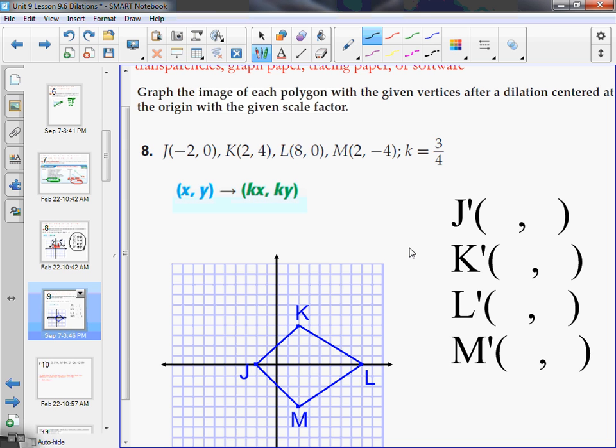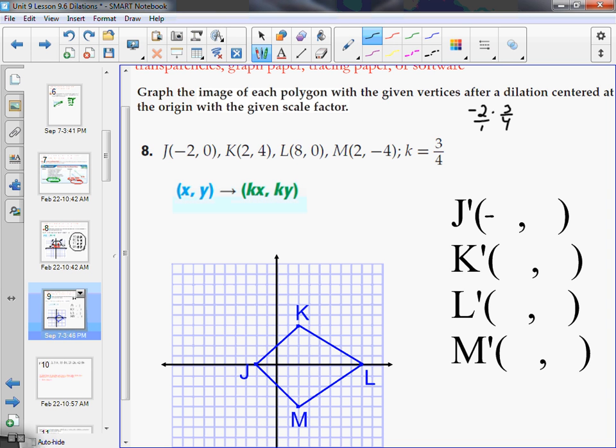All right? Let's get the coordinates of J prime. So, the scale factor is 3/4. So for J prime, I need to multiply -2 times 3/4, don't I? All right, that's like a -2 over 1.